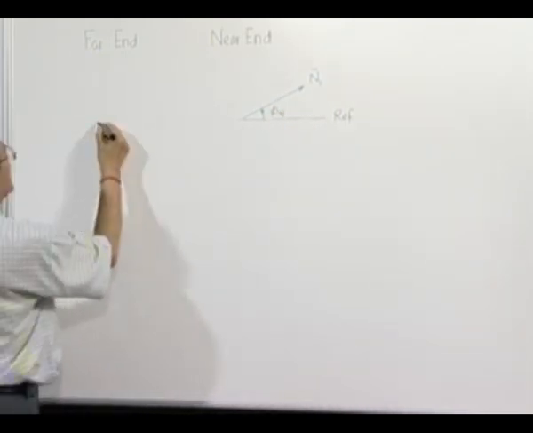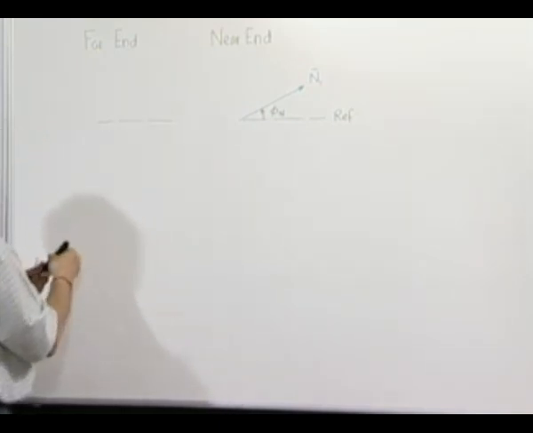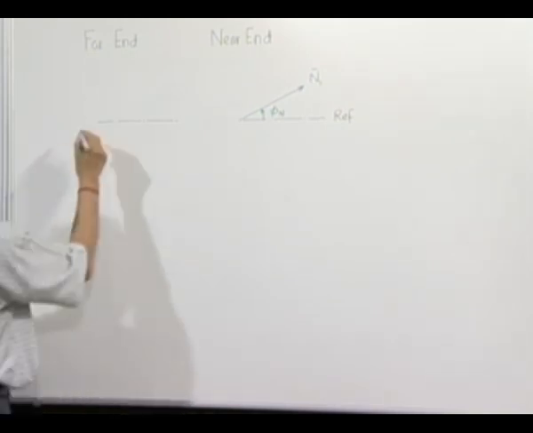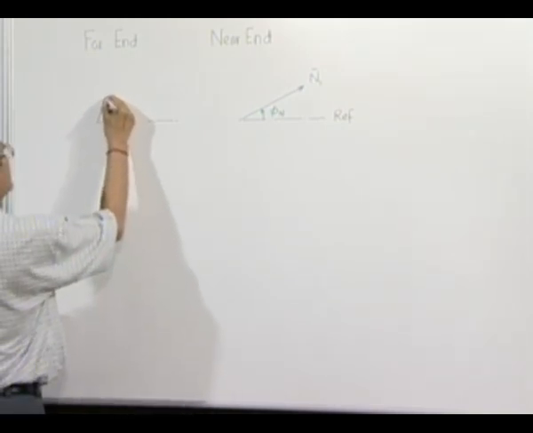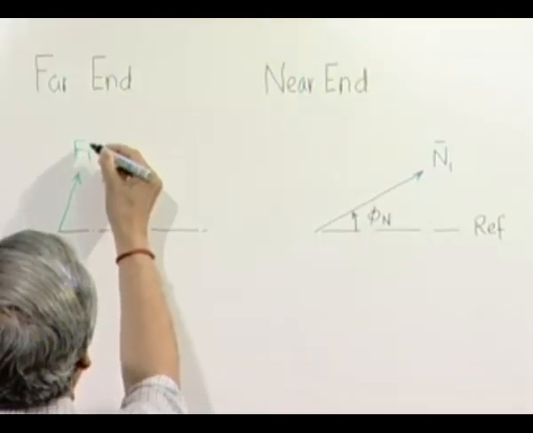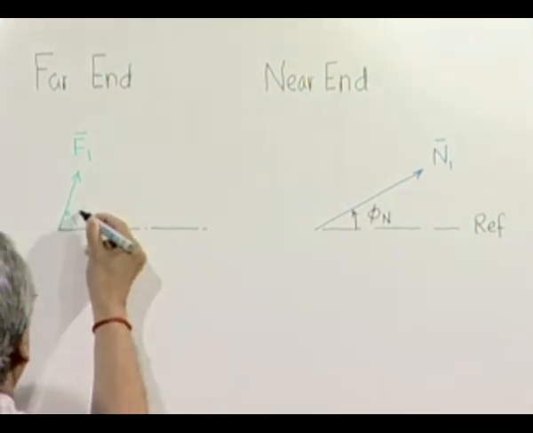Similarly, at the far end, again the reference will be the same, and the vector representing the vibration of the far end is so.